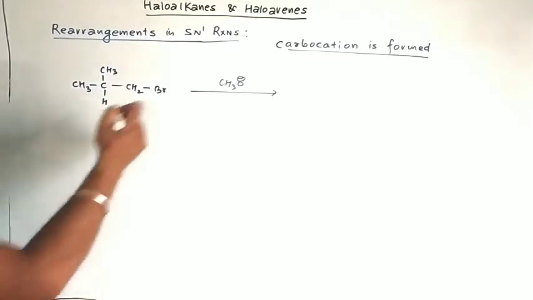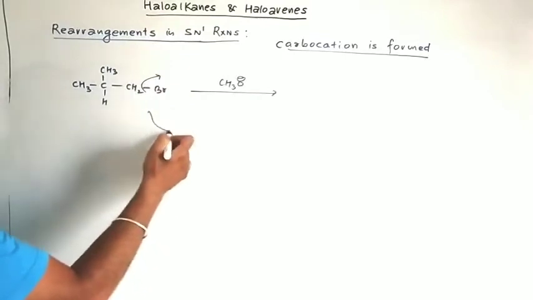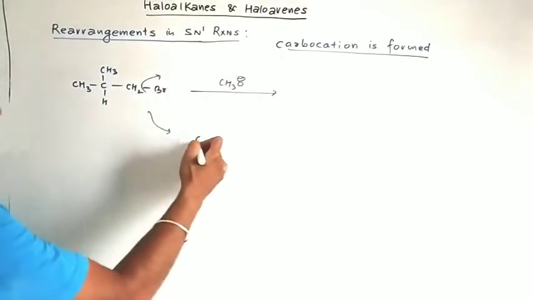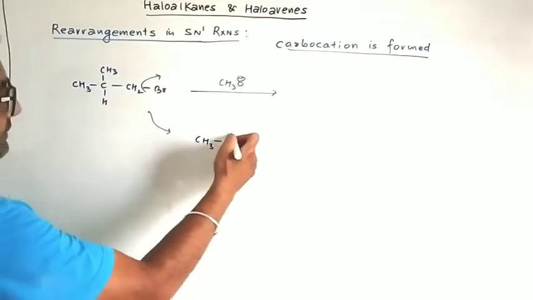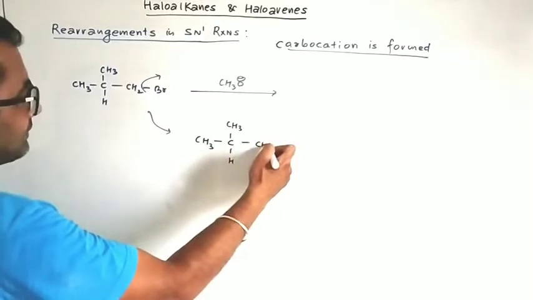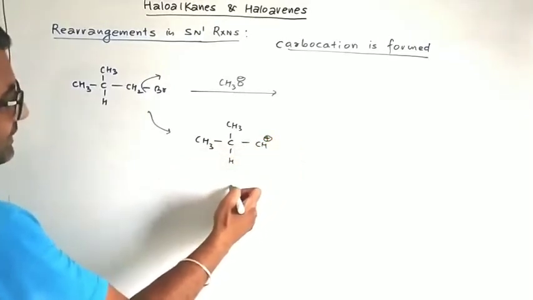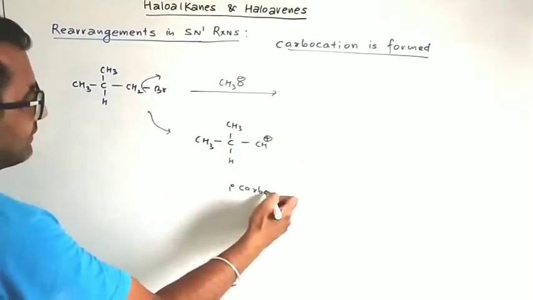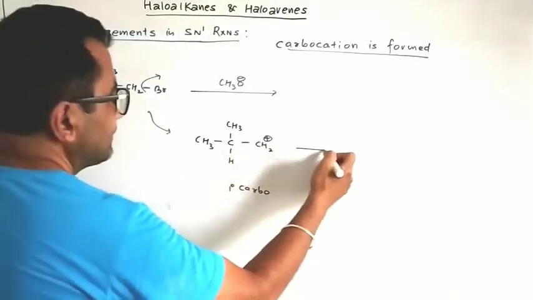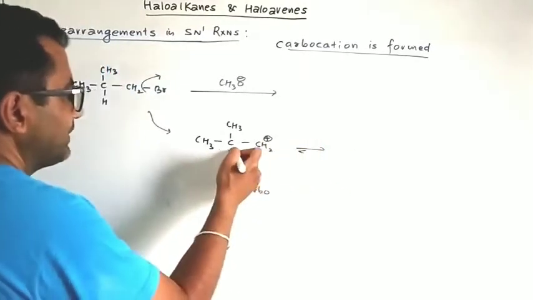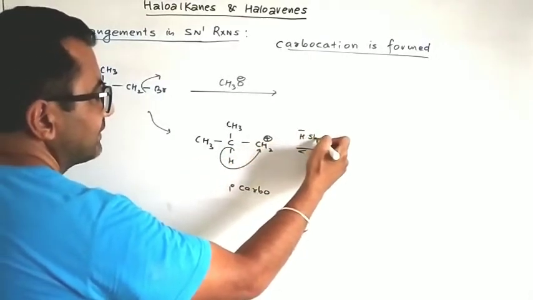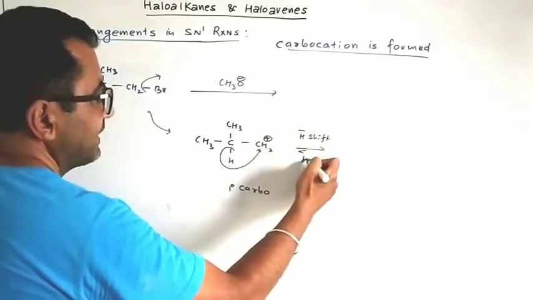The first step is to produce the carbocation. The carbocation formed is CH3, C, CH3, H. This is now a 1 degree carbocation. It undergoes rearrangement. Now we have this H negative shift. That's called a hydride shift.